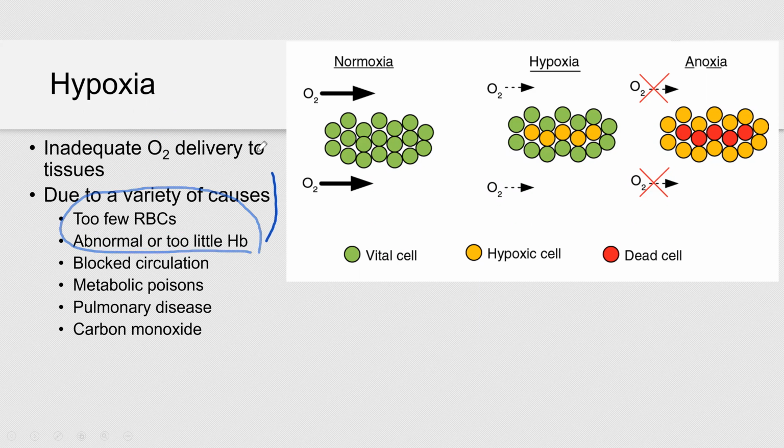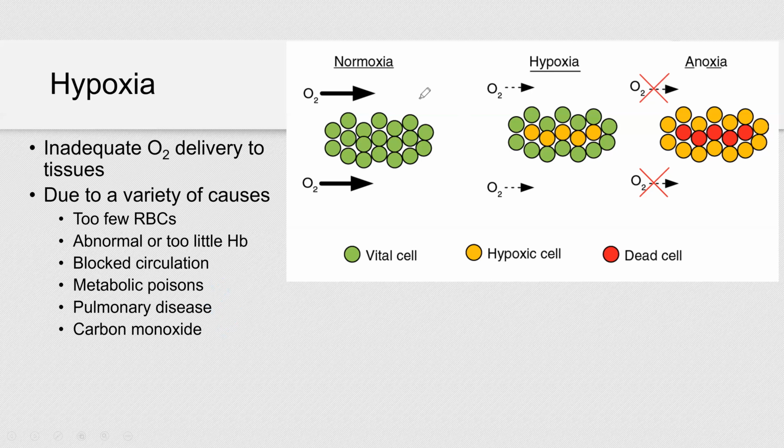Anemia results in hypoxia, or it can be blocked circulation. So you might deliver enough oxygen to your lungs, but then your cardiovascular system has a problem delivering this oxygen to tissue. It can be metabolic poison, pulmonary diseases, or carbon monoxide poisoning.